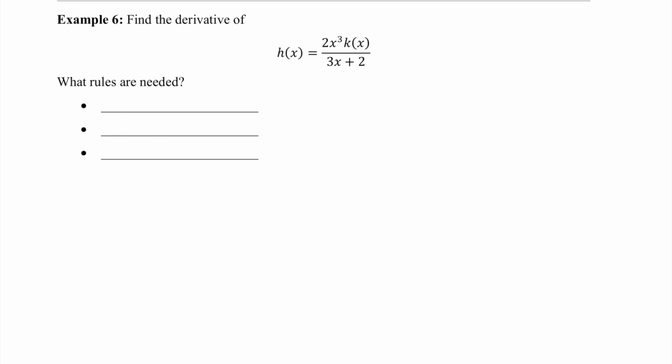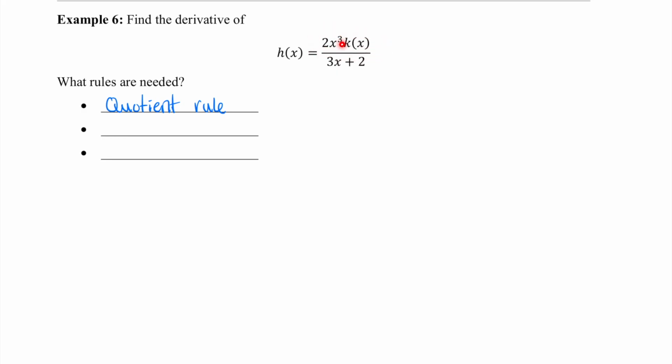Let's first look at the overall structure. This is a quotient because we have one expression divided by another. So the first rule we need is the quotient rule. Then in the numerator, we have 2x to the third times k of x.